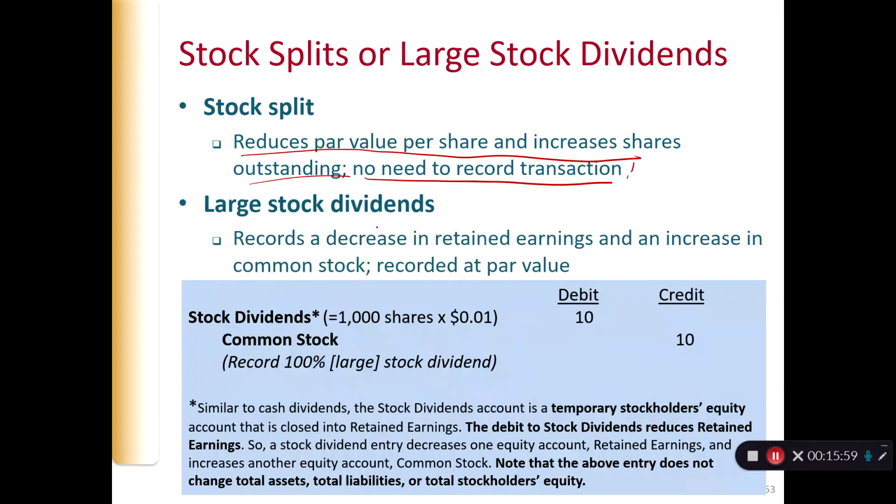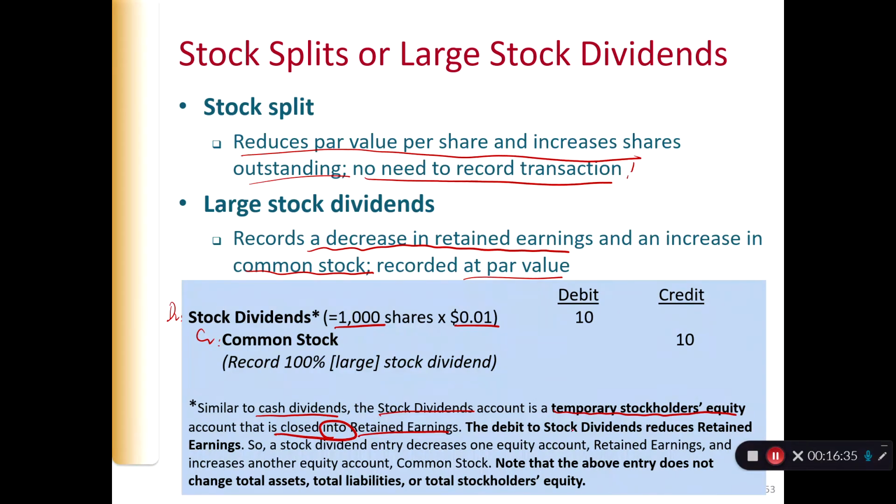However, for a larger stock dividend, you have to record a decrease in retained earnings and an increase in common stock, recorded at the par value. If you give another 1,000 shares as a stock dividend, you use 1,000 multiplied by 1 cent, and then you credit common stock. Similar to a cash dividend, the stock dividend account is also a temporary stockholders' equity account that is going to close into retained earnings.